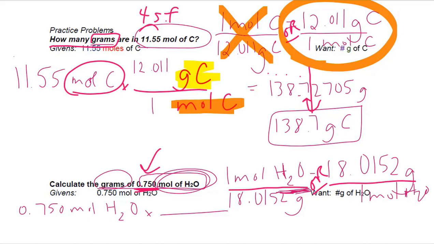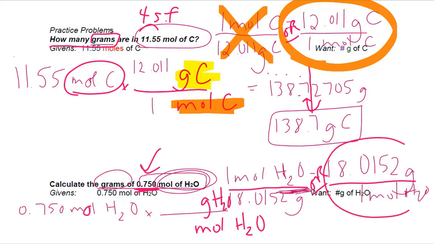Because I'm starting with moles of water and I want grams, remember, it's what you want or what you got. I got to get rid of my moles of water, and I want grams of water. So we got to use this guy, 18.0152 over 1 mole of H2O.